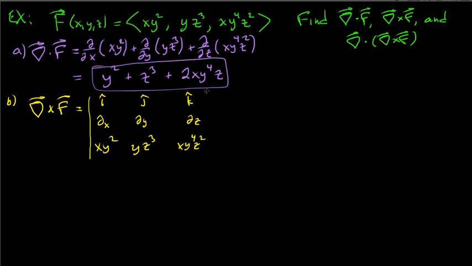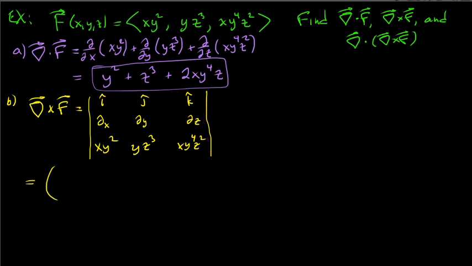Okay, do I have enough space here to squeeze this in? Let's see. So the y partial of, I probably don't. I'll go down here now, right? So remember, we're doing this determinant times i.